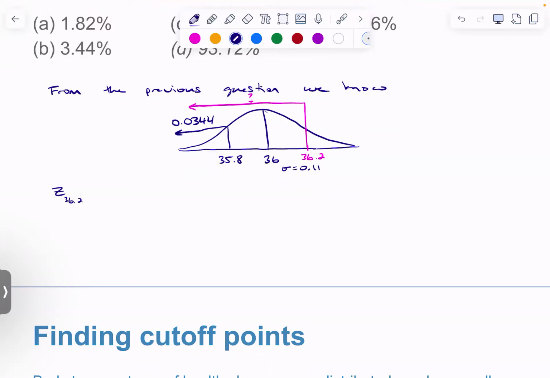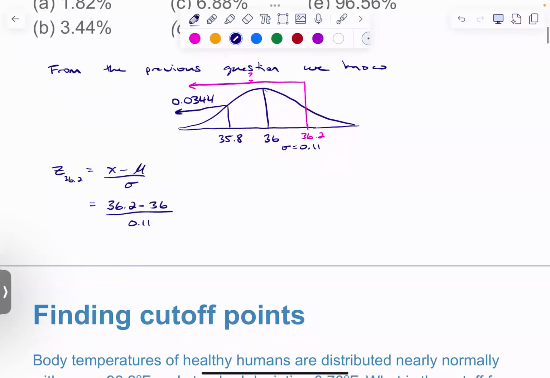So the z for 36.2 is going to be x minus mu over sigma, which is 36.2 minus 36 over 0.11, which should be rounded to positive 1.82, right? So 36.2 minus 36 is 0.2 divided by 0.11, and I get a z of 1.818 repeating.